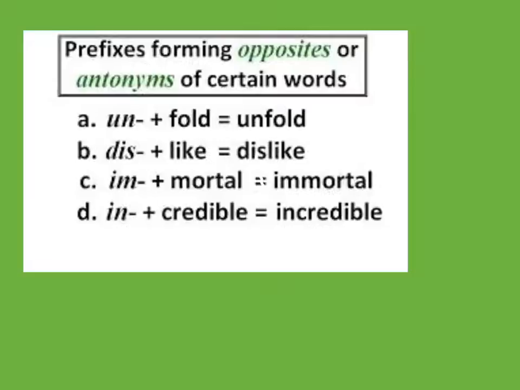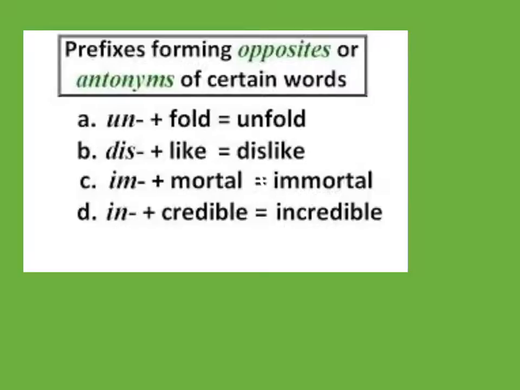Fold means to wrap, like you can fold meat in a plastic bag, or fold your clothes in a plastic paper. So to unfold means to open up, to unwrap, to untie. So you see the word fold with the addition of the prefix un in front of it gives unfold, which is an opposite meaning, just like like and dislike in the previous example we already saw.